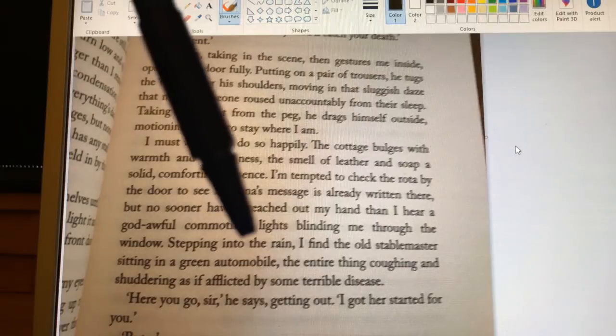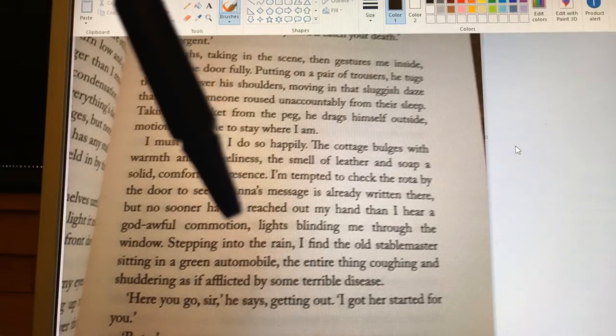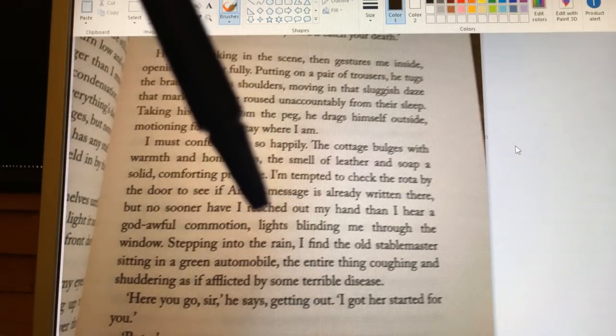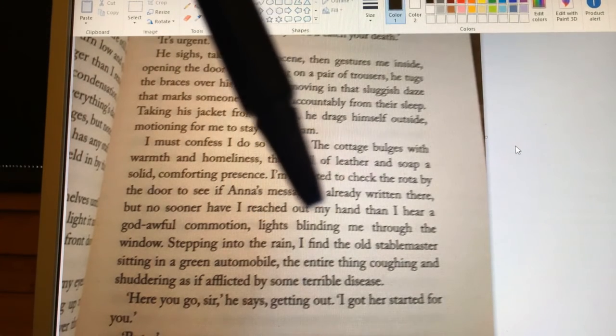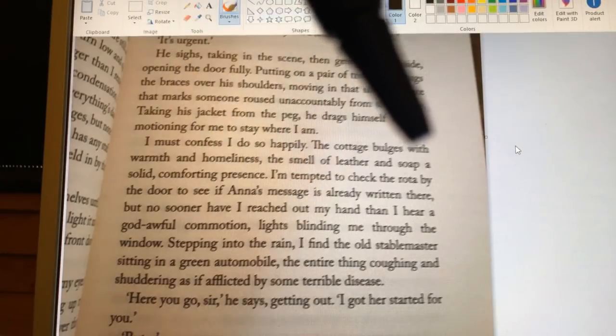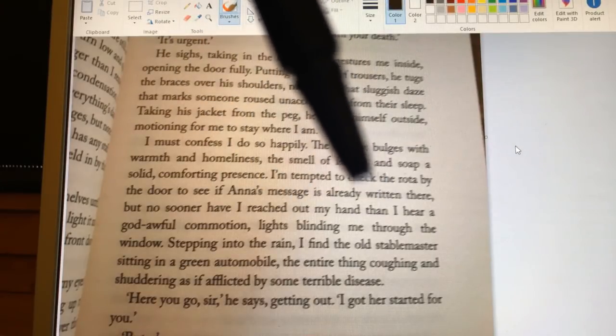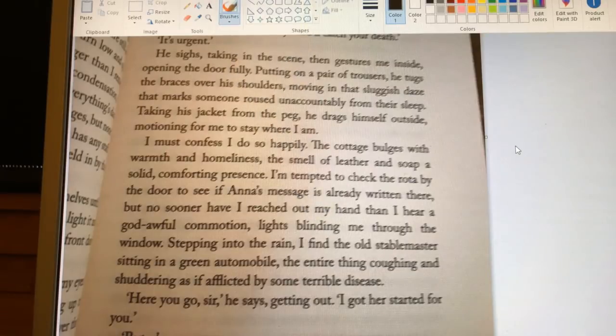Okay, the next comma, it comes before the noun lights and then the participle blinding. Now, why is blinding not a verb? Surely the lights were blinding me. Yeah, the lights are blinding me. But if it's a verb, why doesn't it say lights are blinding me or lights were blinding me? It needs that auxiliary verb to have that ing ending for it to be a verb.